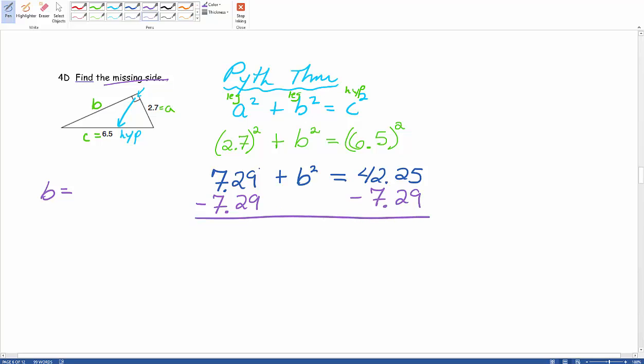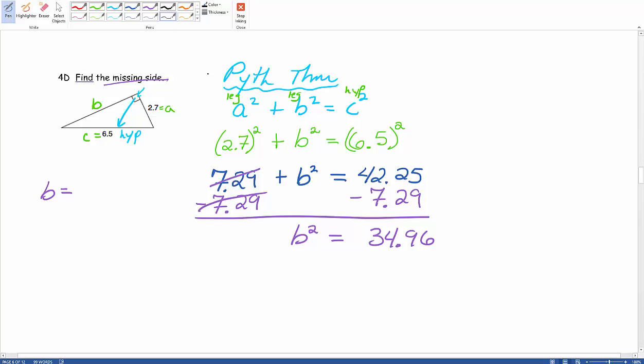And when we do that, on the left side, this positive 7.29 cancels out with this negative 7.29, leaving us just our b that's being squared, equals our 42.25 minus 7.29 comes out to be 34.96.